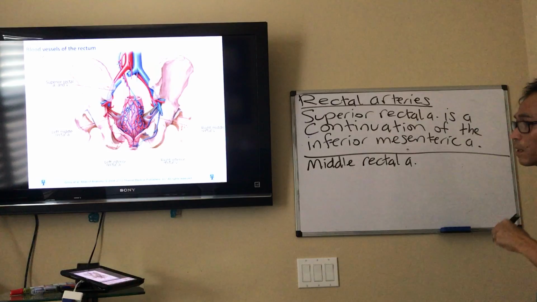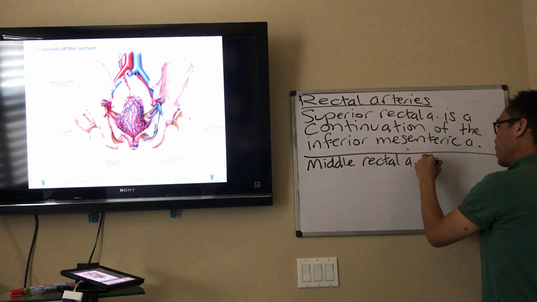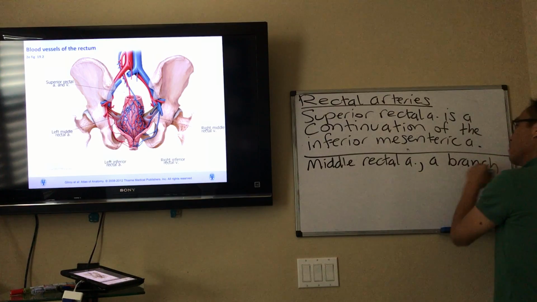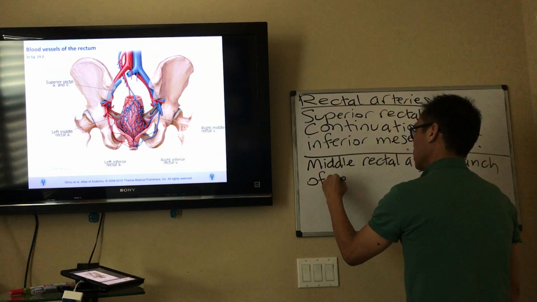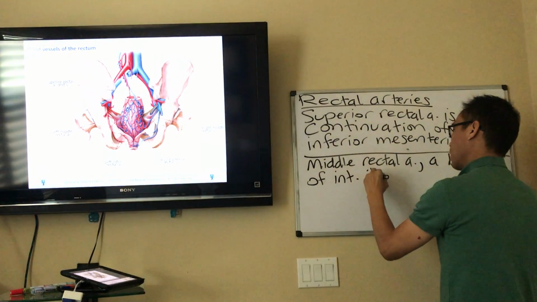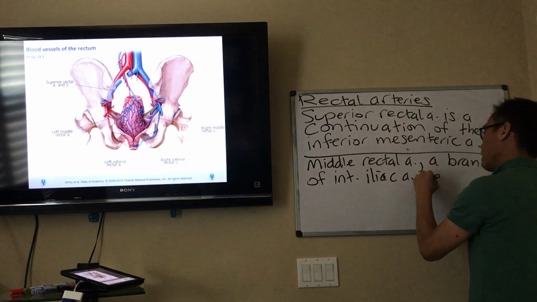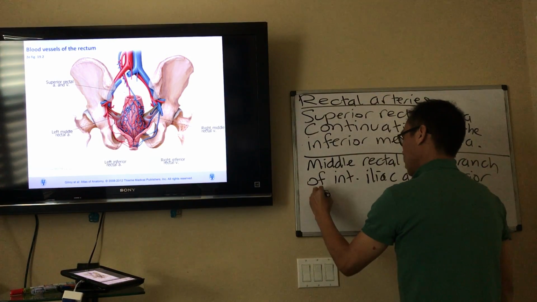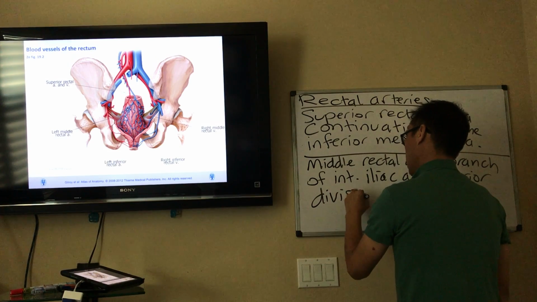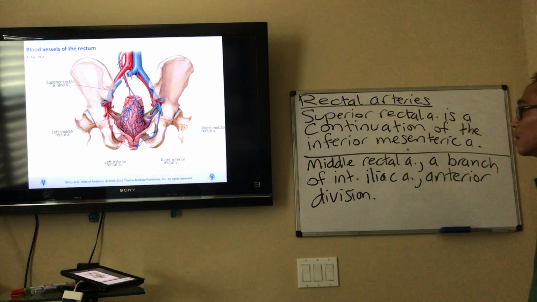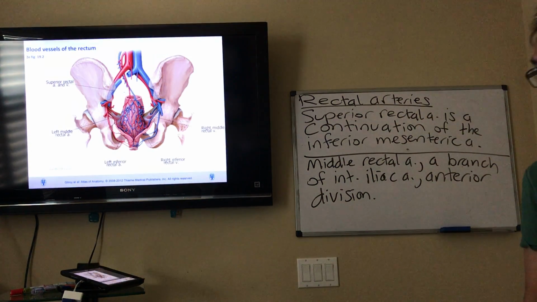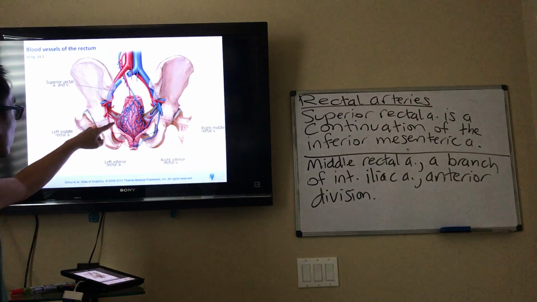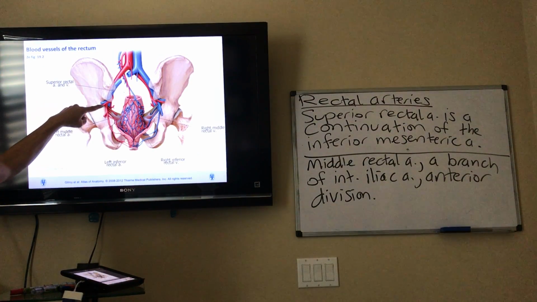Middle rectal artery, a branch of the internal iliac artery, anterior division. There it is, right there, branching off the anterior division.